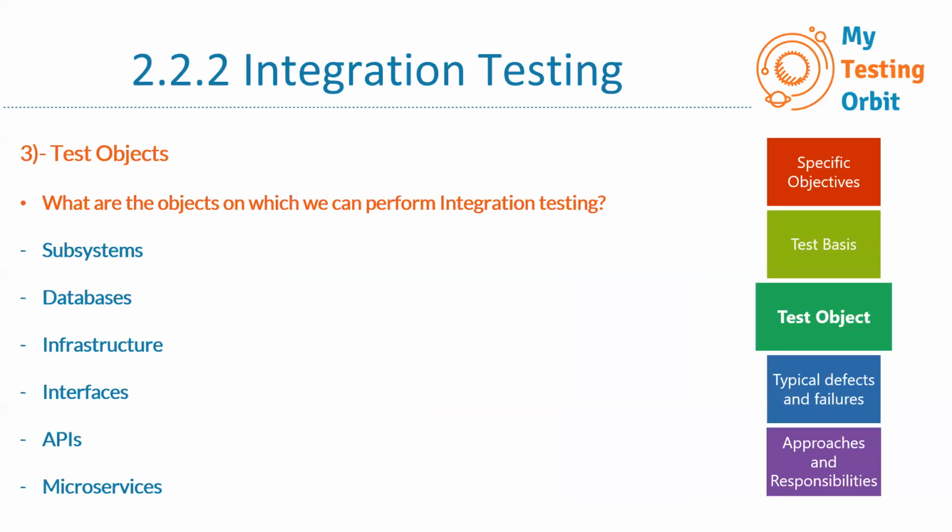We do need a subsystem, because as we know, for integration testing we need at least two components or two systems. The second one is databases. Again, in our online library system example, there must be a database at the backend where, let's say, all the details of members are stored, and the catalog of whatever is available in the library is stored as well.